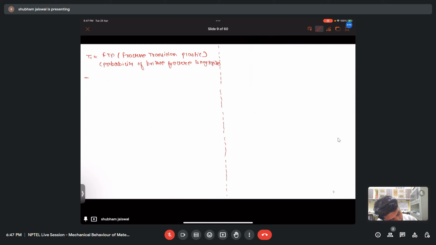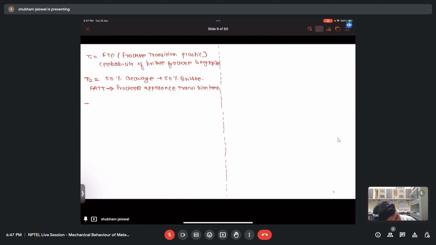Then we have the temperature T2, that is it has 50% cleavage fracture and 50% brittle, and we call this temperature FATT, that stands for fracture appearance transition temperature.